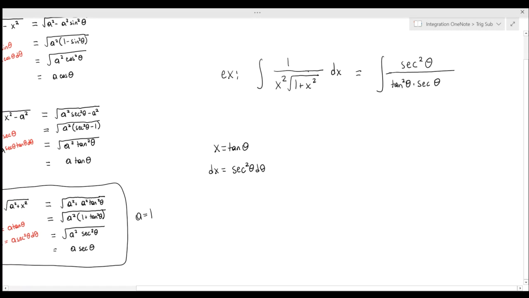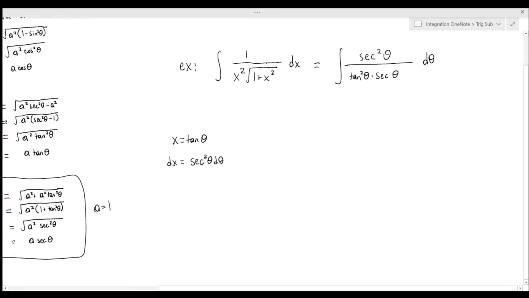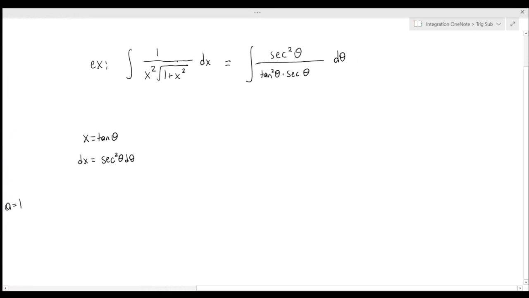So dx is secant squared theta, and then d theta. All right. After doing this trig sub, we're left with a new integral over here. Let's start simplifying it. First, I can cancel out a secant from numerator and denominator. So it's just going to be secant over tangent squared.